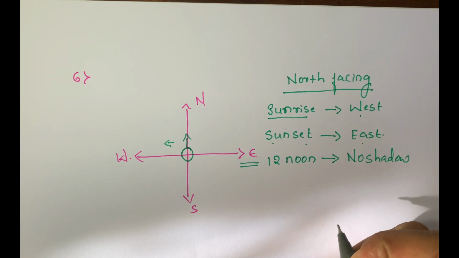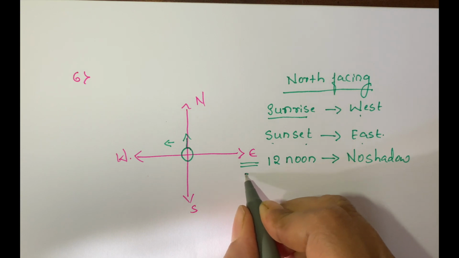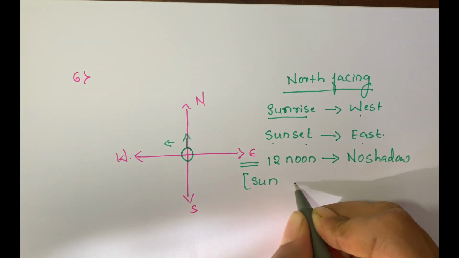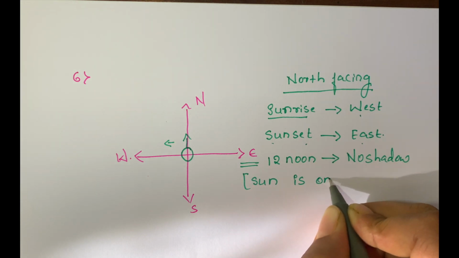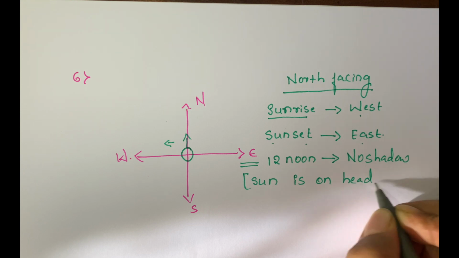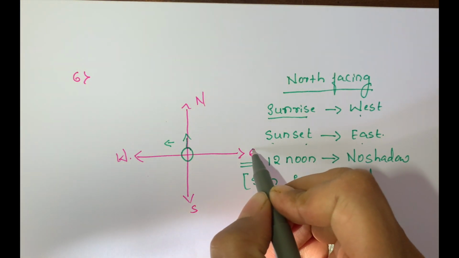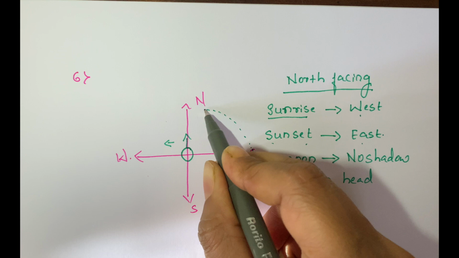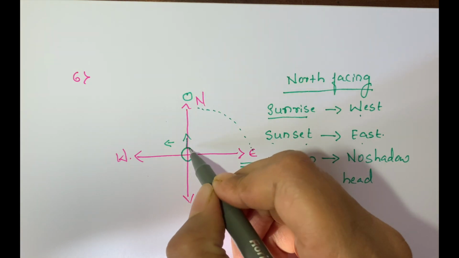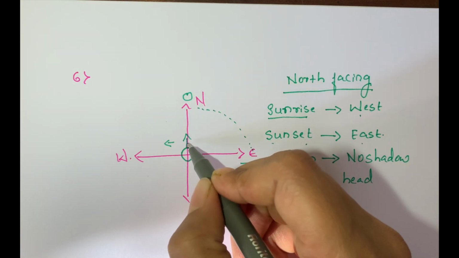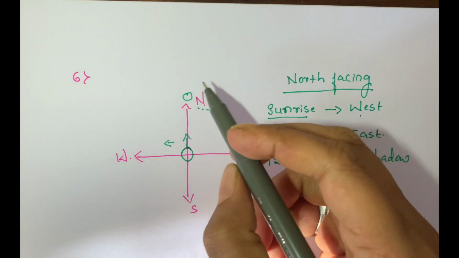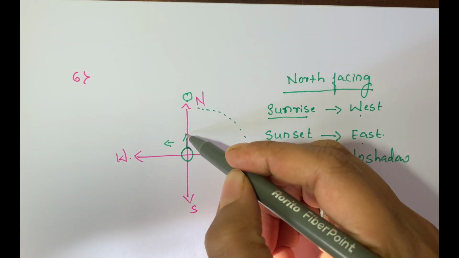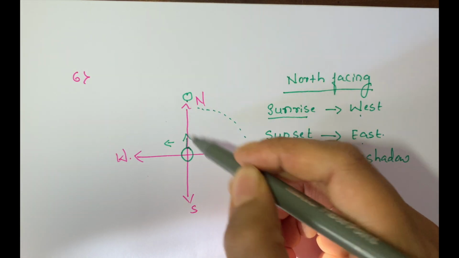That is because the sun is on the head. Okay, the sun is on the head. So here the sun rises, and as time passes, the sun comes here, isn't it? So if a person is standing here towards the north, exactly at 12 noon the sun is overhead the person.